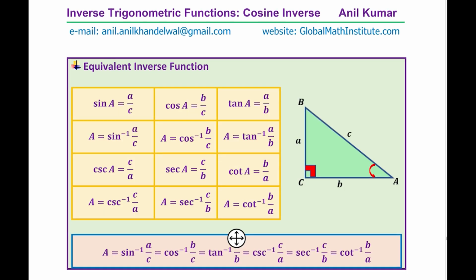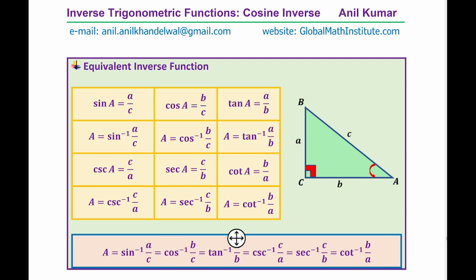Now let's talk about equivalent inverse functions. This property is very helpful in solving many equations related to inverse trigonometric functions. Let's have a closer look at this angle A itself. What is sine A?